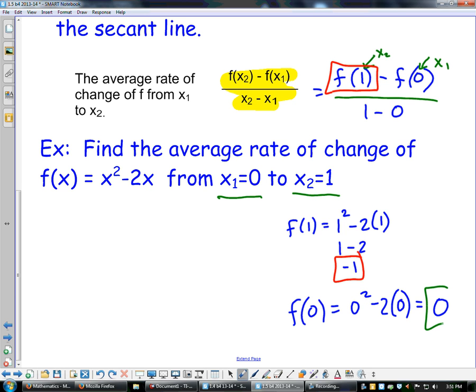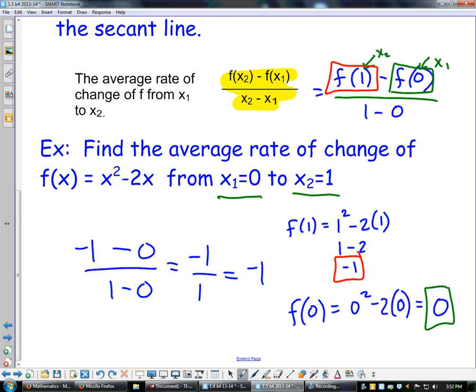So it looks like we really want negative 1 minus 0 over 1 minus 0. That's negative 1 over 1, which is negative 1. So the average rate of change is negative 1.